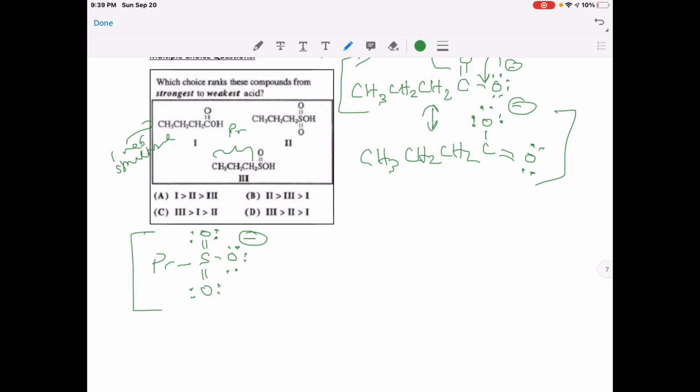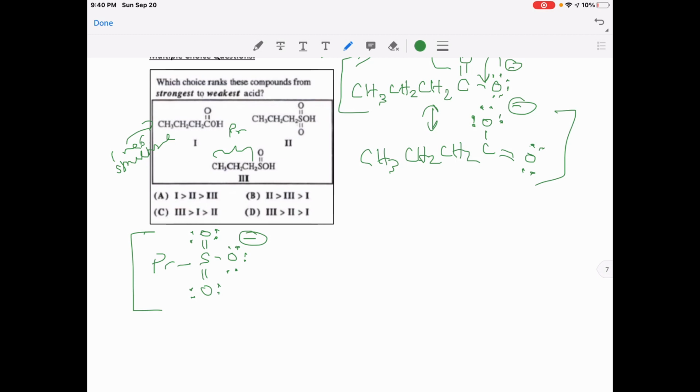When we move around the negative charges, we find something different from the previous example. In the previous example, I was able to put a negative charge on the sulfur, but that was only because it didn't exceed 12 electrons.